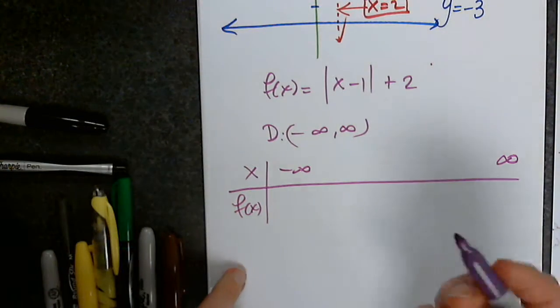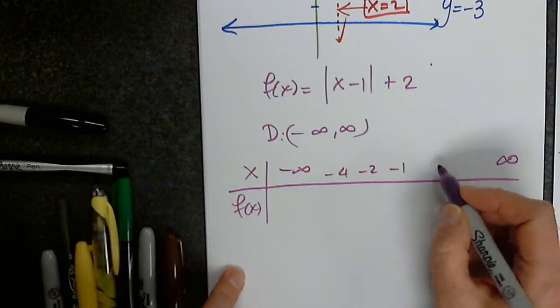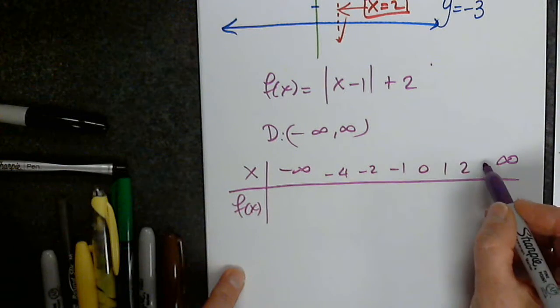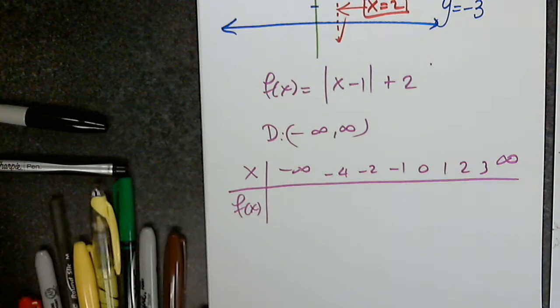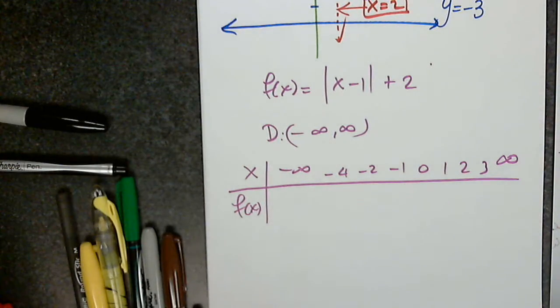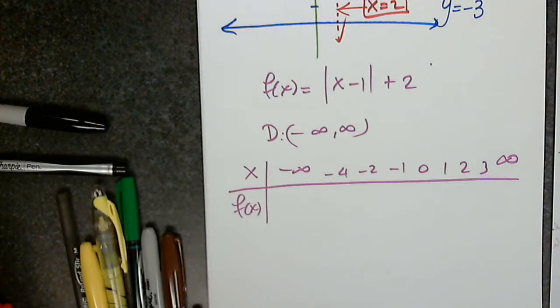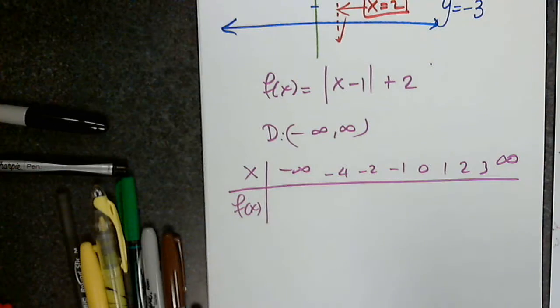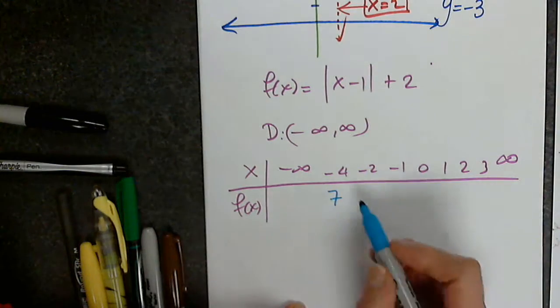So let's pick some values. Let's say -4, -2, -1, 0, 1, 2, 3. More than enough, but it's okay. So please plug in -4 and give me the answer. Very good. -4 minus 1 is -5, and absolute value is 5. 5 plus 2 is 7. Good. Plug in -2, 5.